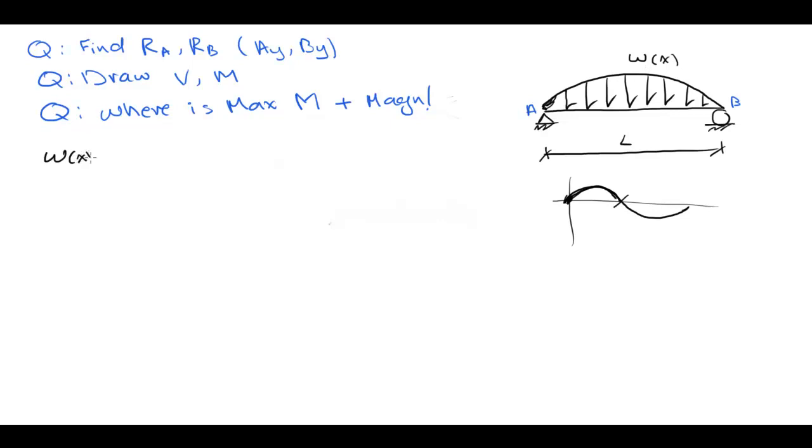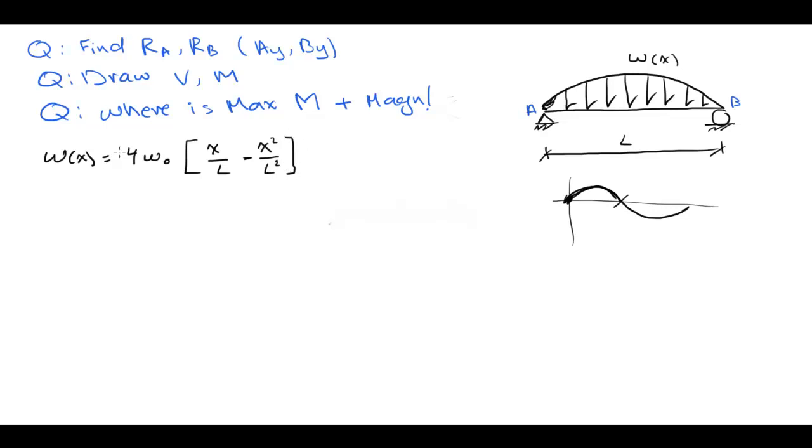w(x) equals w naught, or actually let me correct this, it's going to be 4 w naught multiplied by x over L minus x squared over L squared.